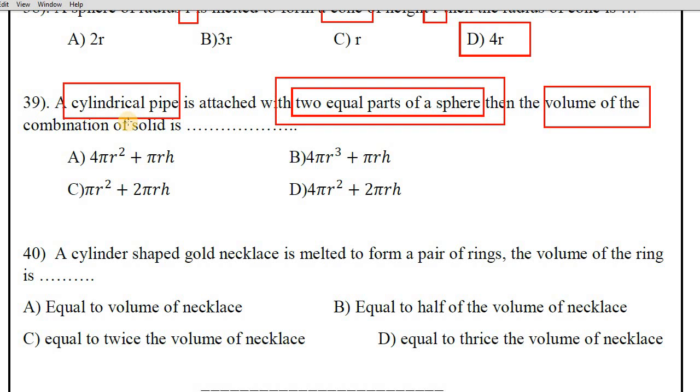CSA of hemisphere is 2 pi r square, but here 2 hemispheres are there. Hence we get 4 pi r square plus CSA of cylinder, 2 pi rh. So the volume of the combination answer is not there. Hence my suggestion here, instead of volume, it would have been surface area of the combination.